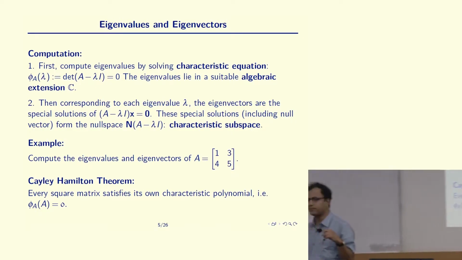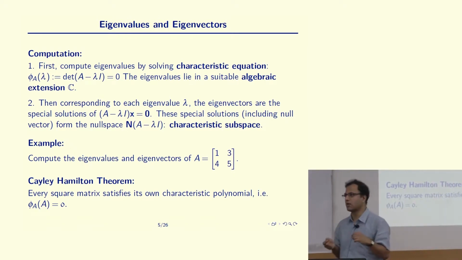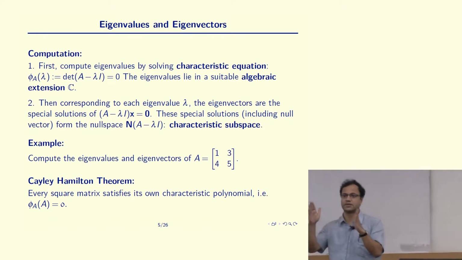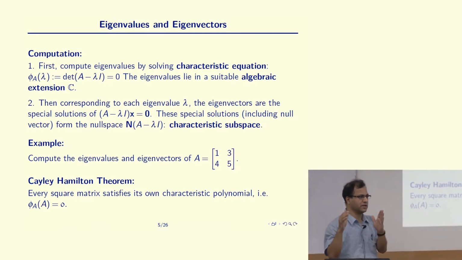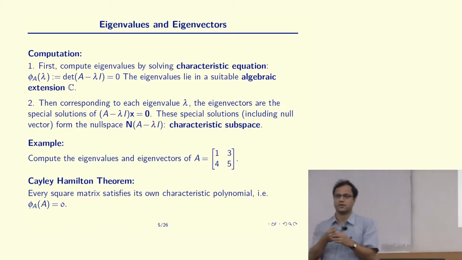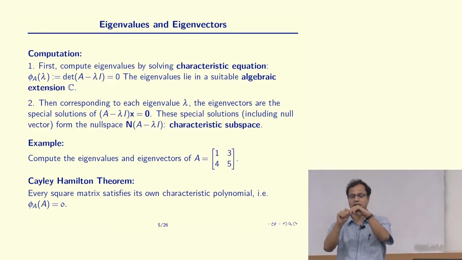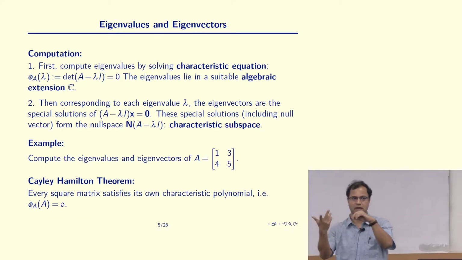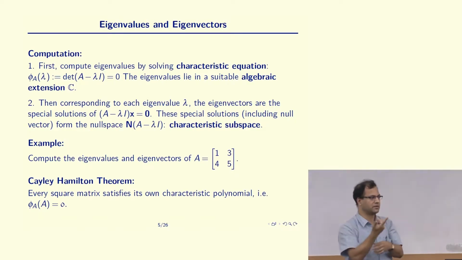We discussed how to compute the special solutions of a homogeneous system of linear equations. How did we compute it? You remember? We computed the pivot variables and free variables, and corresponding to each free variable, we computed a special solution. Taking linear combinations of those special solutions gives us the space.